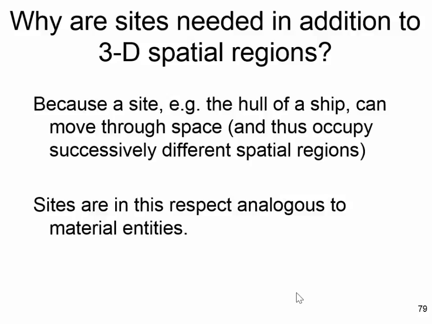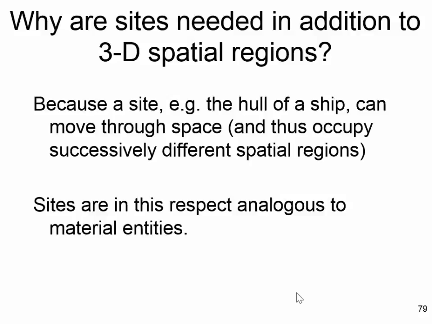Sites, however, do not reflect any definition. Sites exist because there is a gap in material entities, such as, for instance, the gap created by the walls and roof and floor of this room, which we are presently occupying.